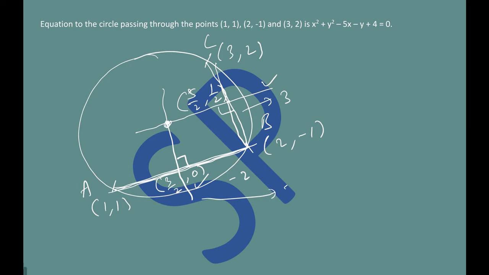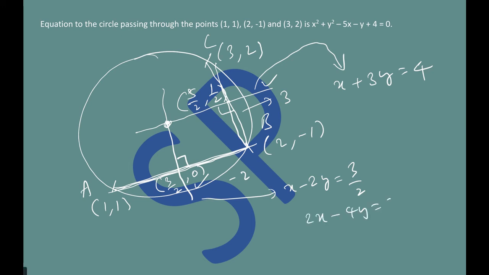So its equation is x - 2y = 3/2. And as slope of BC is 3, the slope of its perpendicular bisector will be -1/3. So its equation is x + 3y = it is passing through (5/2, 1/2), so you'll get 4. Now from the first one we have 2x - 4y = 3.